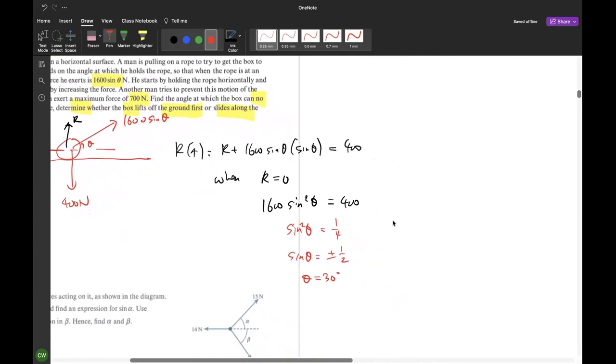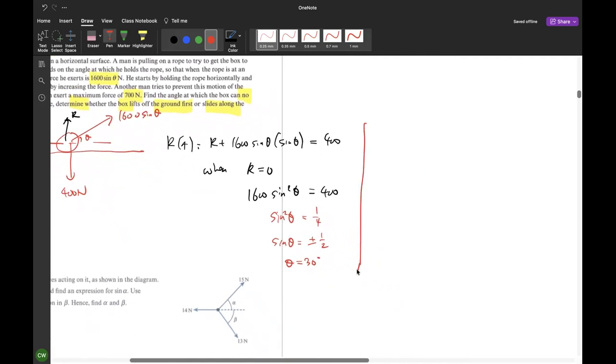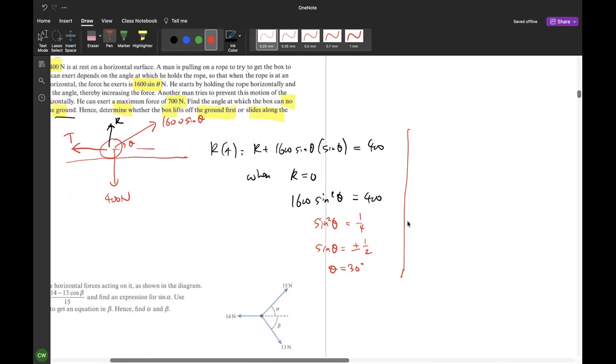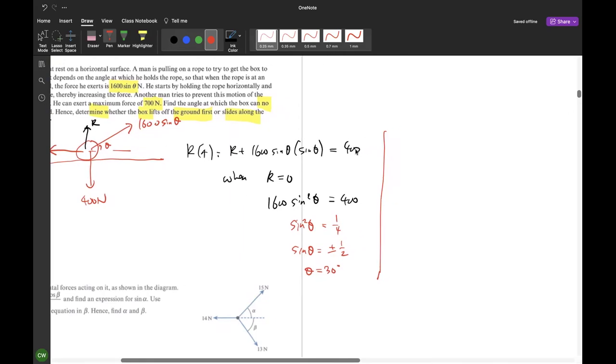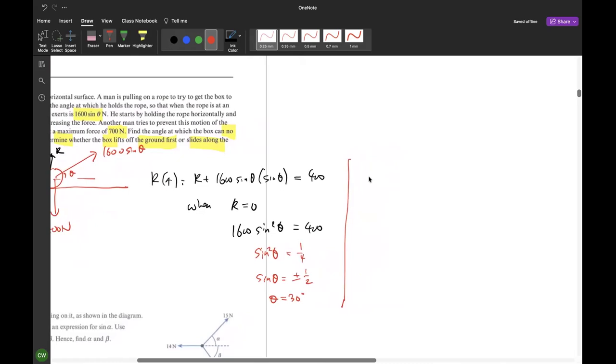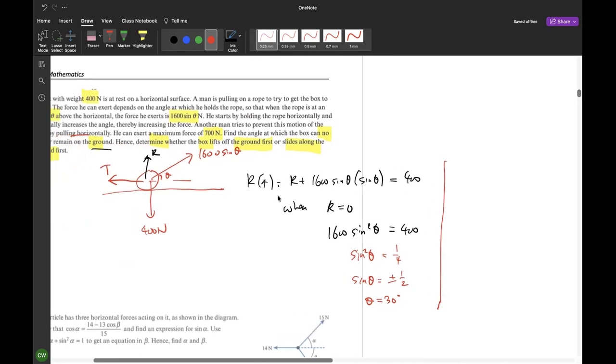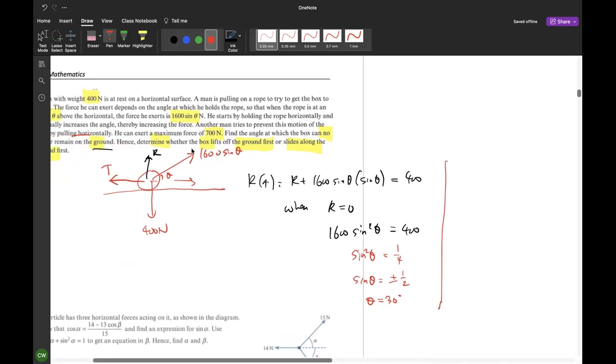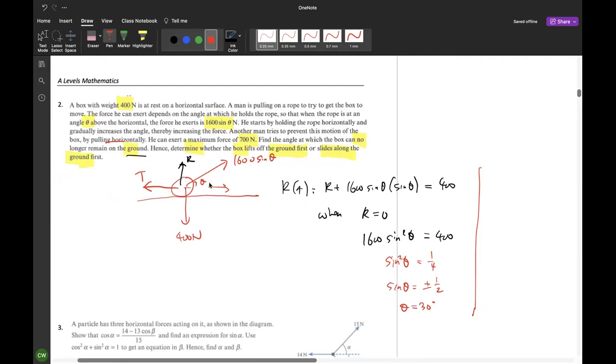So when it slides, the horizontal component is how much? The horizontal component of this one is, let's say, the force due to this. Because now if you want to slide, it has a maximum of 700.